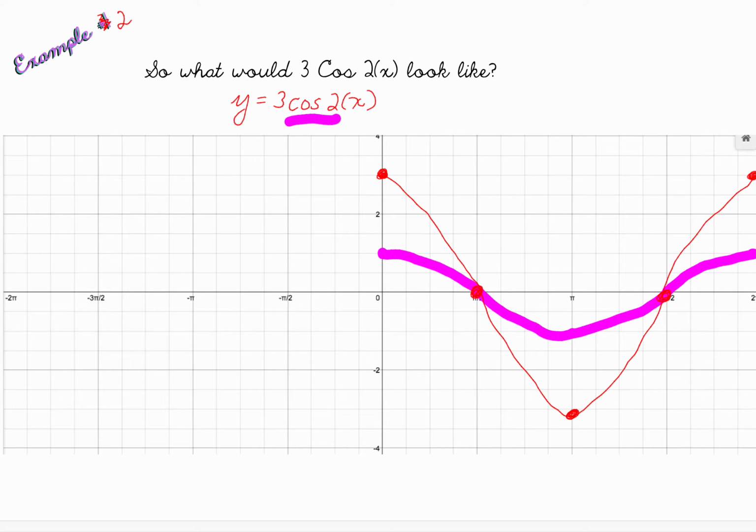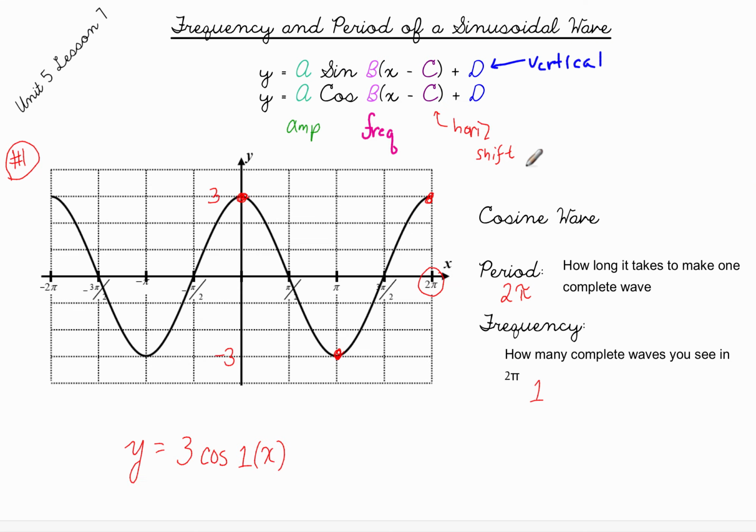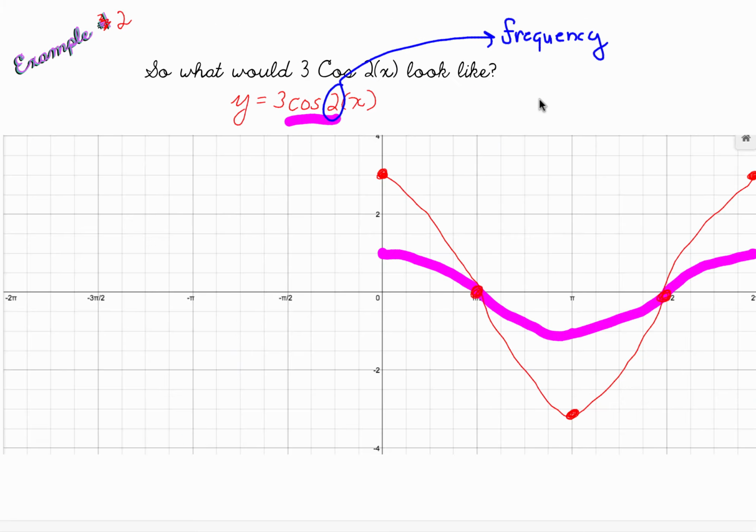But now let's look at that B value real closely. This, remember, is the frequency. So if I come back here and look, remember, frequency is how many complete waves you see in 2 pi.